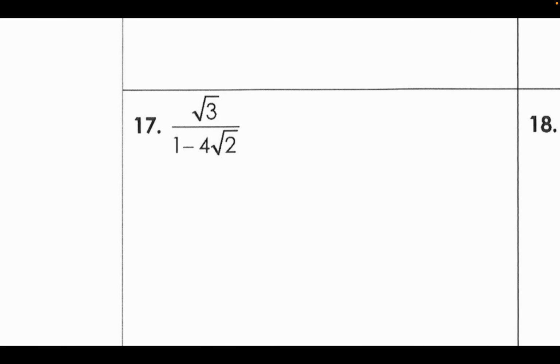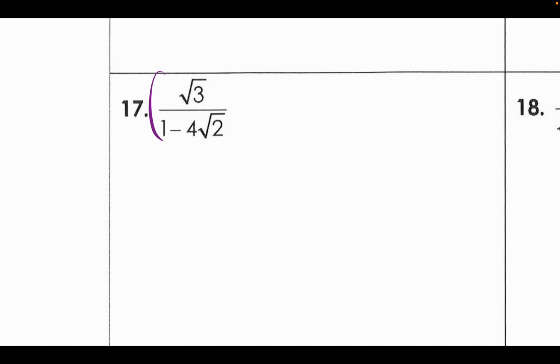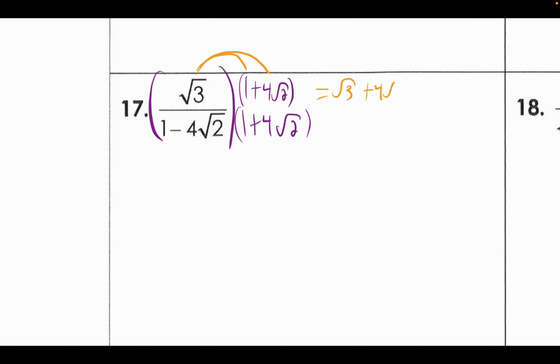On number 17 here, our conjugate would be 1 plus 4 square root 2. Square root of 3 times 1 is square root 3. Square root 3 times 4 square root 2 is 4 square root 6.